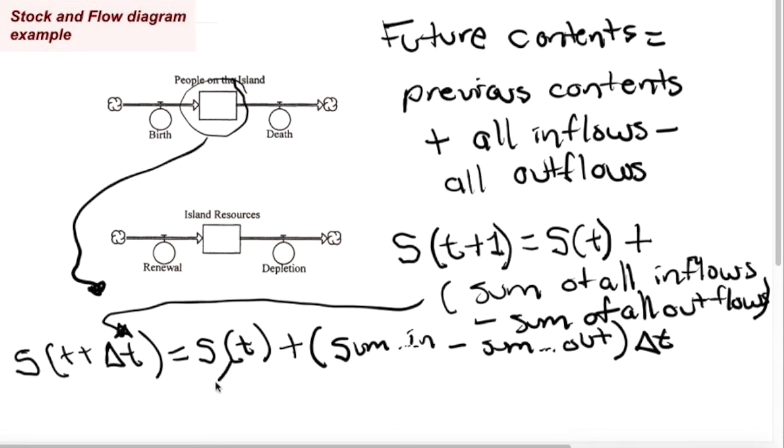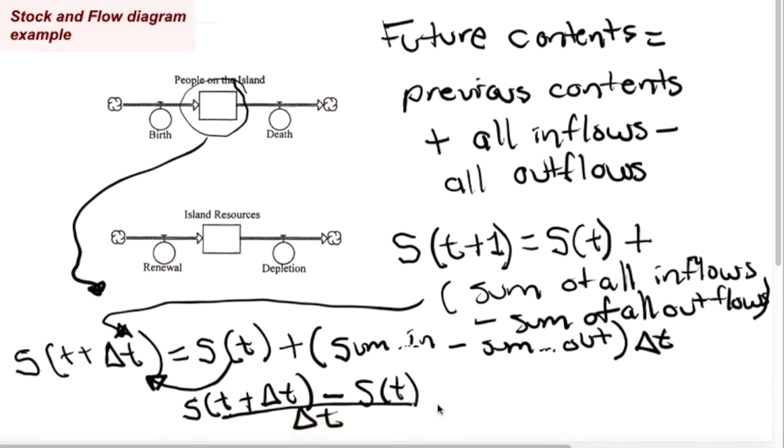So if we move this one here, this just means S(t + Δt) minus S(t), and if we move this delta t here, this is equal to the delta of S over delta t, which, if we take the limit, is the differential of the stock over time, equals this part, right, without the t.